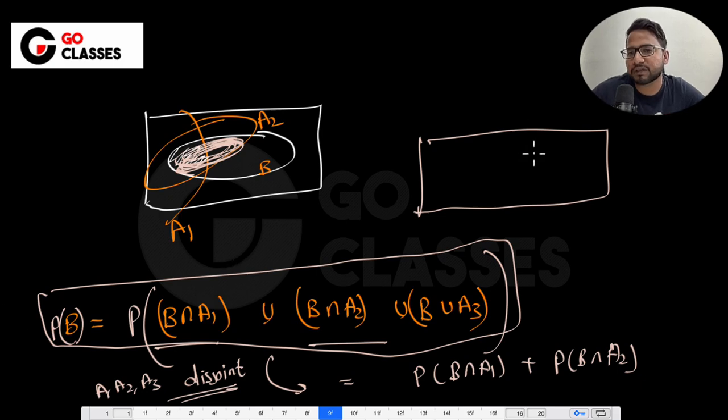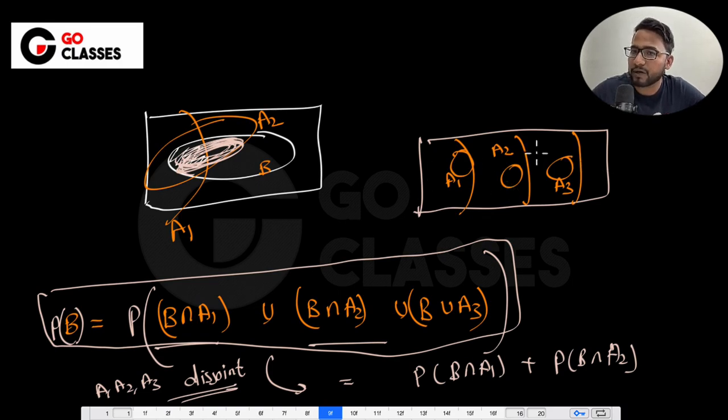B intersection A1 is just some part of A1, right? Maybe this part of A1. If A1 itself is very different from A2, then some part from A1, some part from A2, some part from A3 is automatically disjoint, right? It doesn't matter. If A1, A2, A3 are disjoint, then automatically B intersection A1, B intersection A2 and B intersection A3 are disjoint.